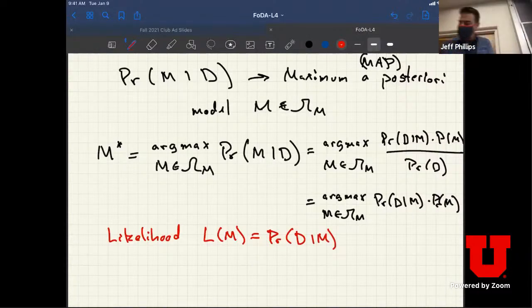That is exactly this term up here. So I've written now this probability of the data given the model. I'll often write this as a function called the likelihood.